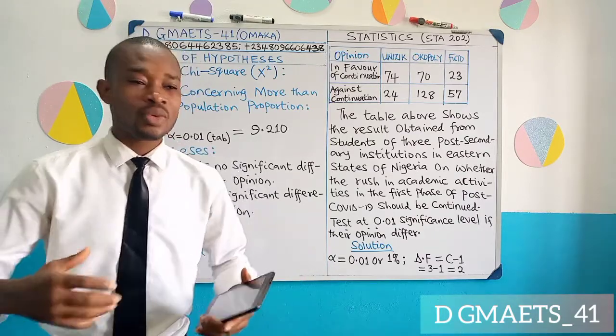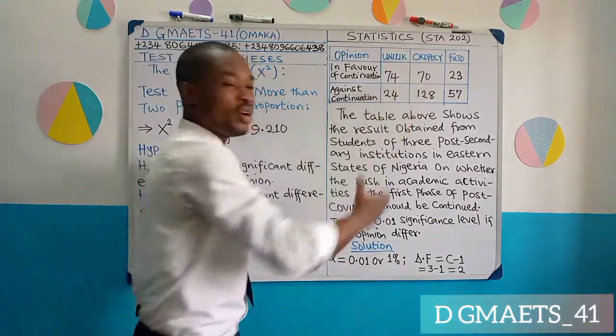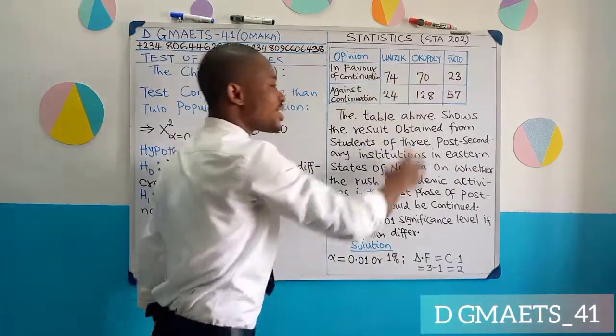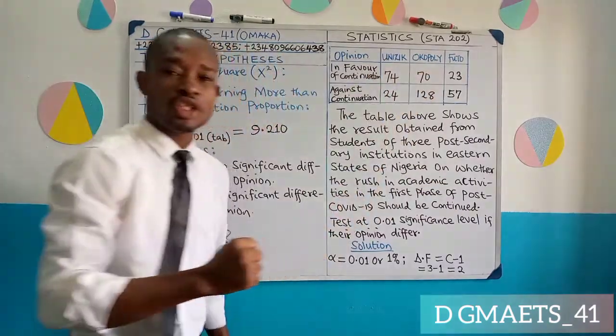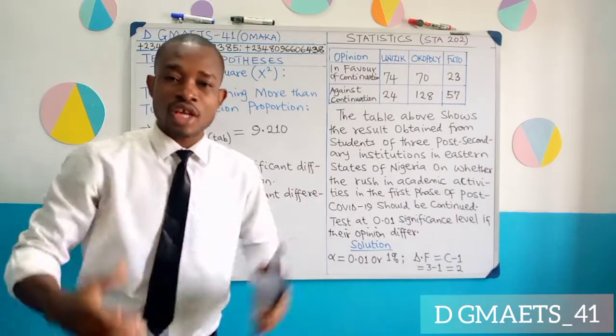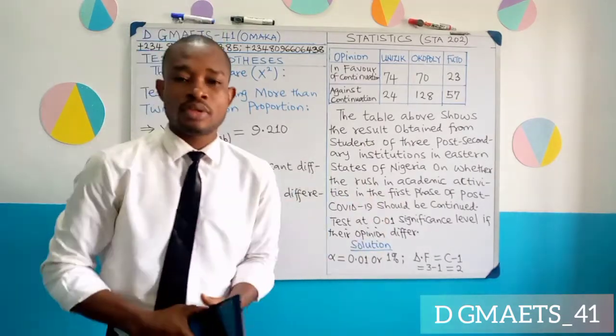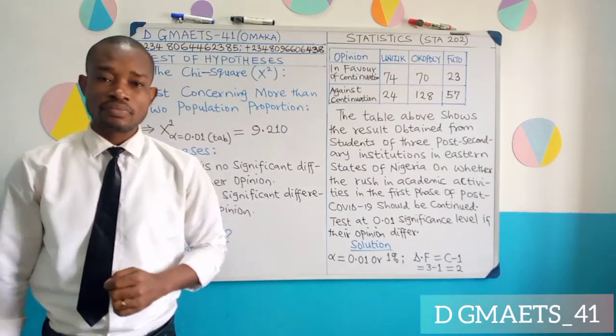So we cannot just wake up and accept any of the hypotheses just from what we are seeing here. What we are seeing here is raw data. It's raw information. We need to analyze it. We need to make certain calculation and comparison before we come up with a justifiable statement.